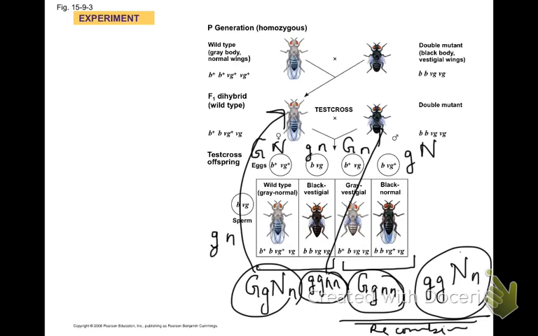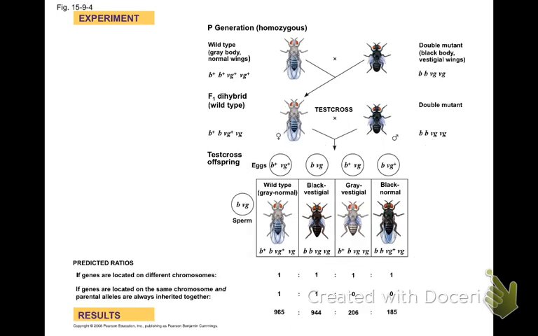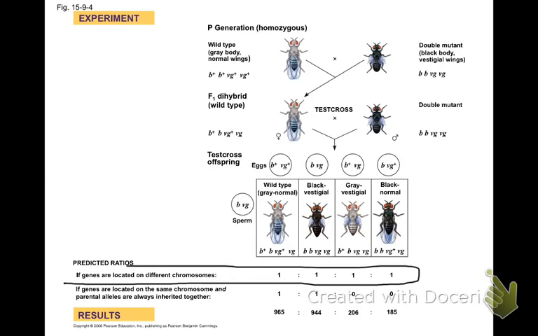Now, like I said in the previous slide, if they were all qualities or characters in different genes, I would have an equal number of all of them. If they were qualities present in the same gene, then I would have only the parental type and not the recombinant type. What did I actually get? Let's see. So, this is what I get. If they were on the different chromosomes, okay, prediction, I would have equal number of each type.